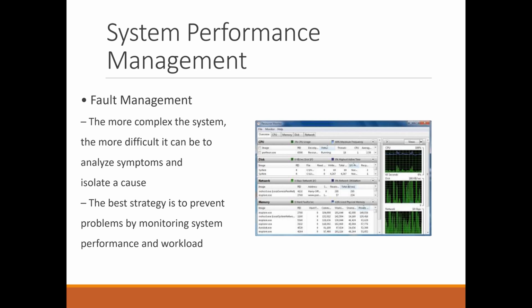The best strategy in order to manage the fault is to prevent problems by monitoring performance and workload before problems arise. That means the system admin has to check the status of the machines, the server, and the database all the time while users are using them.